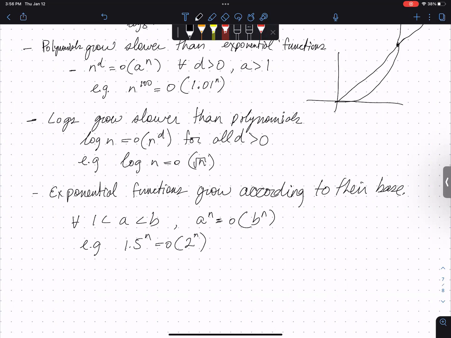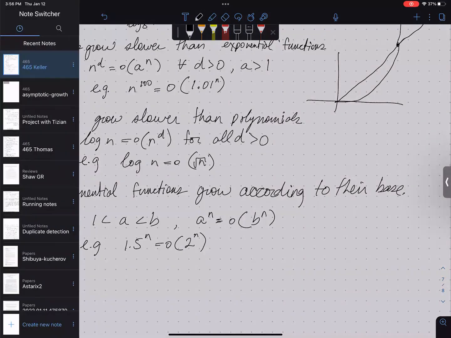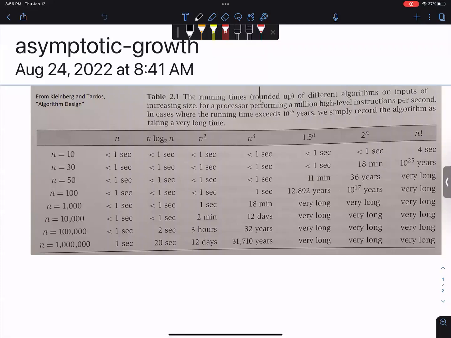So this constant matters, but it's not a leading constant. It's a constant inside the exponent. It's the base of the exponent. That's really crucial. You can see that here, right? If you compare this column to this one, you can see there are big differences. Here, for n equals 50, you have a difference between 11 minutes and 36 years.